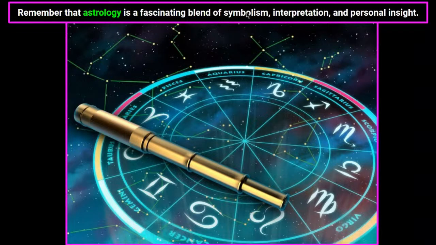What symbolism means to you may not mean the same to everyone else. It definitely doesn't. Remember that. Interpretation is definitely a key when approaching astrology, and your own personal insight.